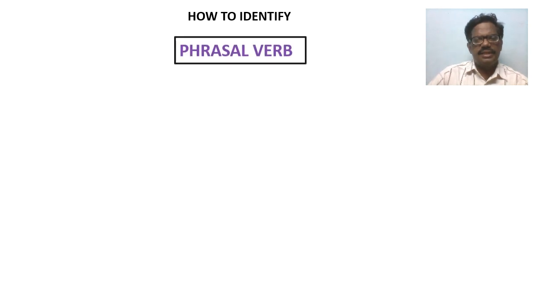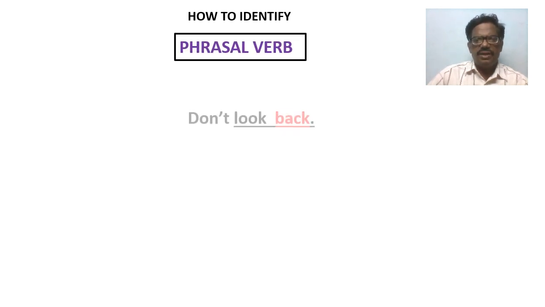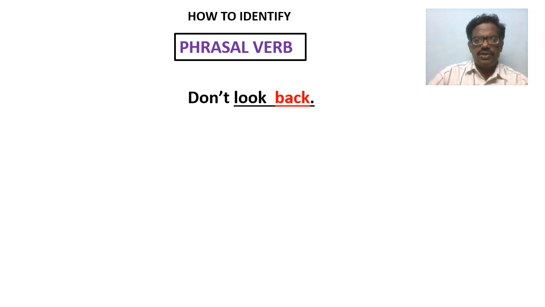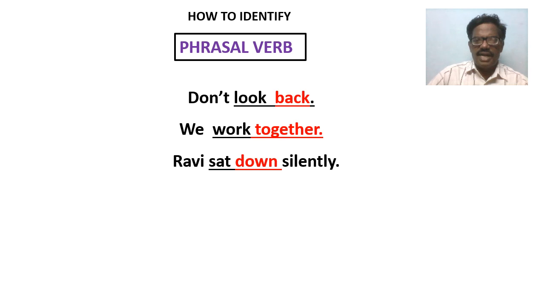Now let us try to identify the first kind of multi-word verb, that is phrasal verb. Look at this sentence. Don't look back. We worked together. Ravi sat down silently. Here, the particles back, together, down have no objects after them.